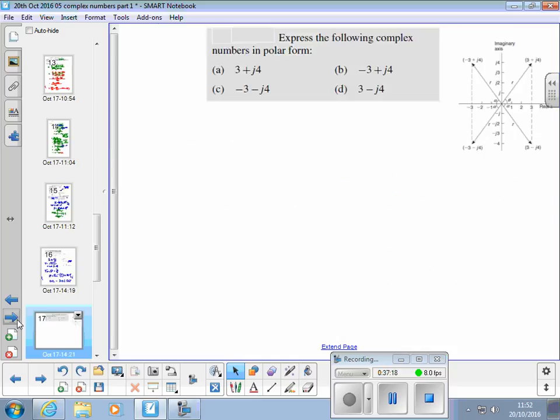On the next page, there's 4 there to have a go at. Think about what quadrant they're in, and the little diagram is there to help you with what the angle is.